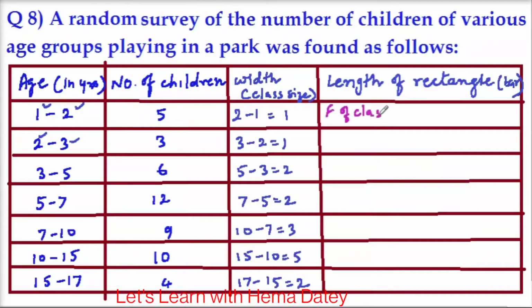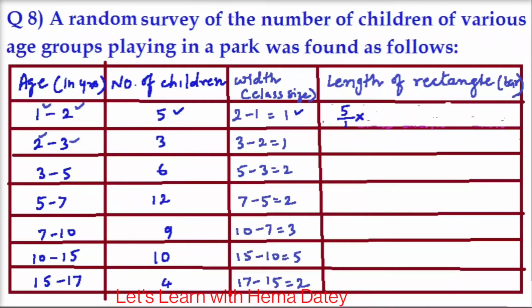To get the adjusted frequency, the formula is frequency of the class interval upon class size or width, multiplied by the lowest class size. And the lowest class size or lowest class width is 1 in our case.